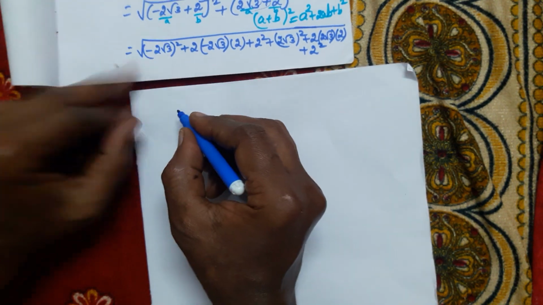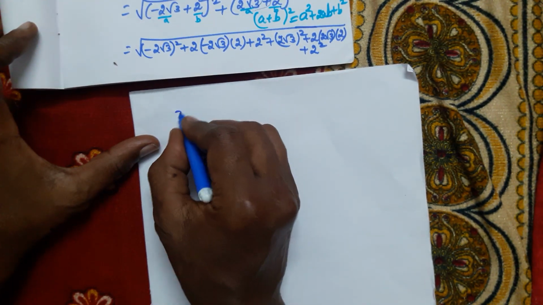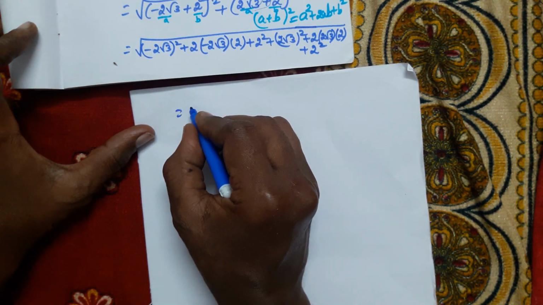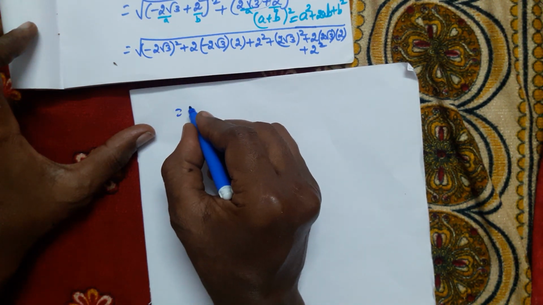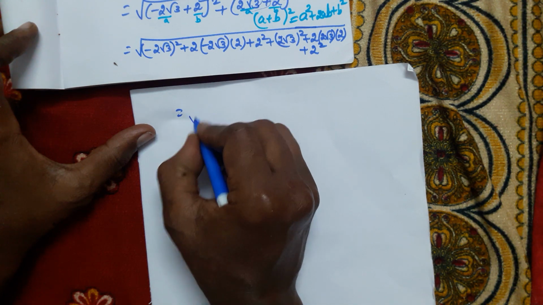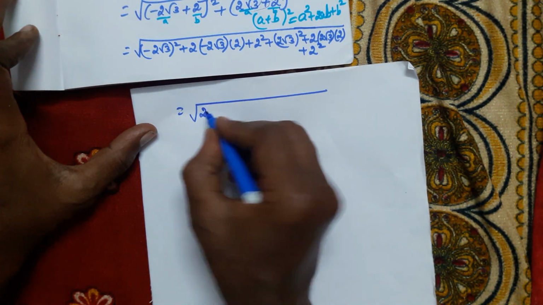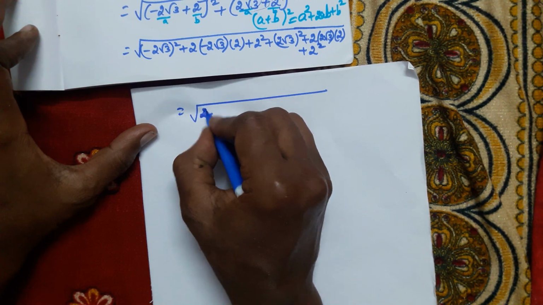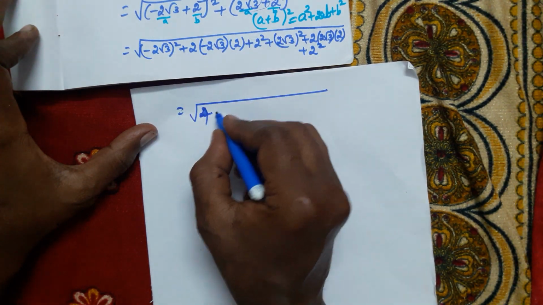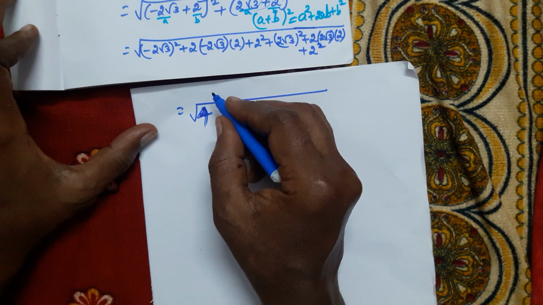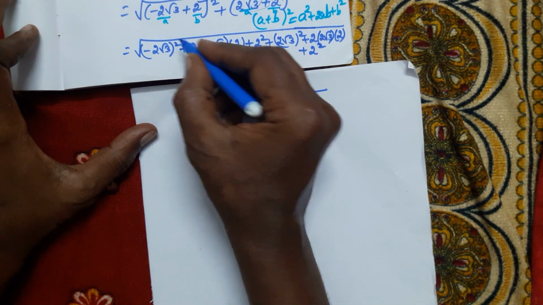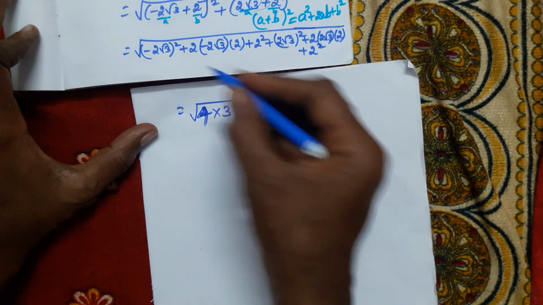Minus 2 root 3 the whole square is equal to 4, 4 into root 3 the whole square means 3. So 4 into 3.